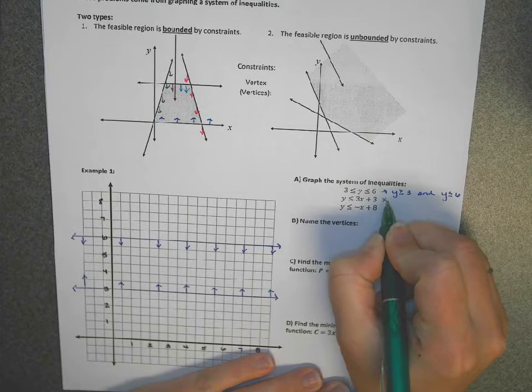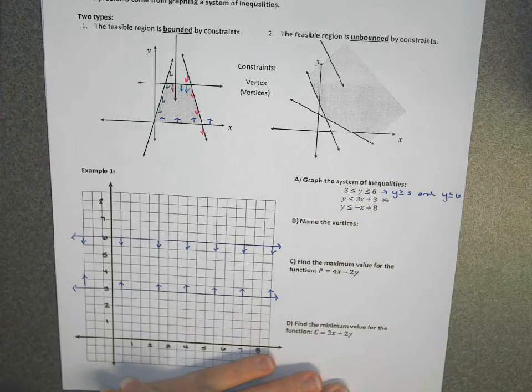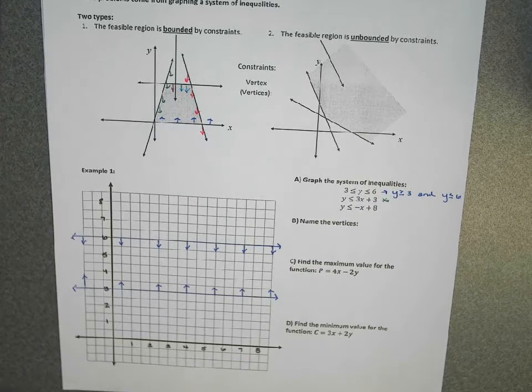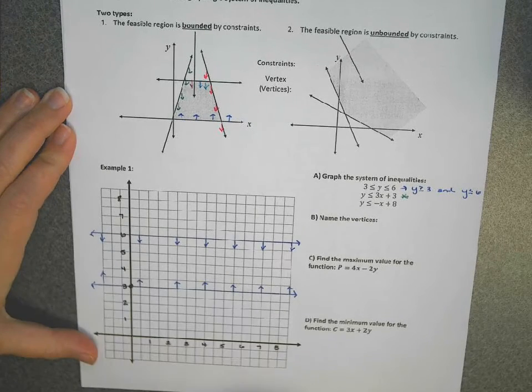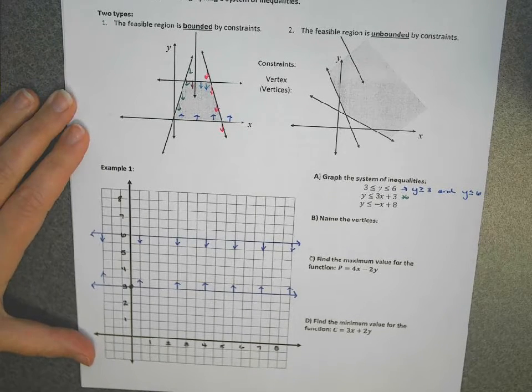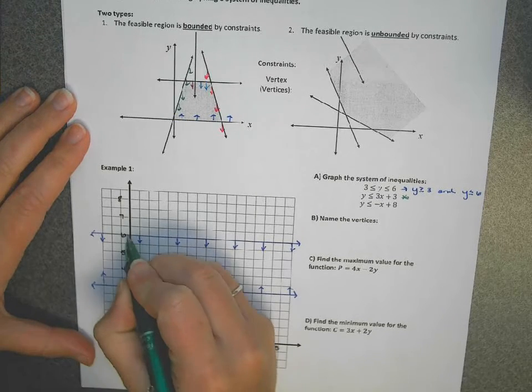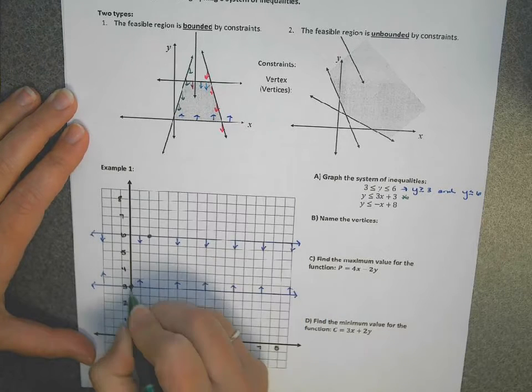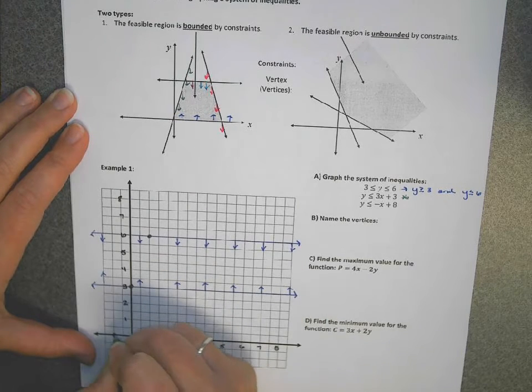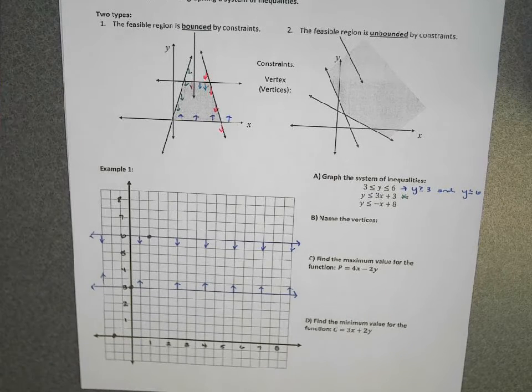This next one says y is less than or equal to 3x plus 3. So my y-intercept is at 0, 3. And the slope is 3. So I'm going to go up 1, 2, 3, right 1. Can't even fit another point up there, but that's okay.